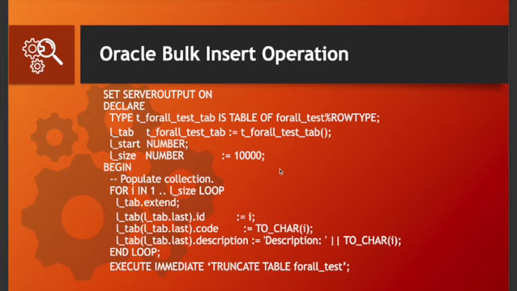Declaration: a table type is defined with the same structure as the test table, which is then used to declare and initialize a collection. The collection is initialized to support the manual operation, not the bulk operation, as these implicitly initialize collections. In addition, variables are defined to store the start time of each operation and the size of the collection.